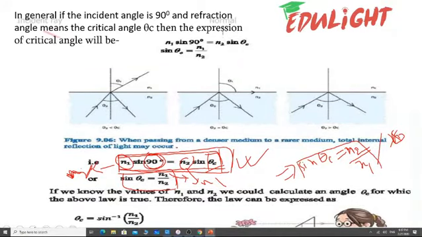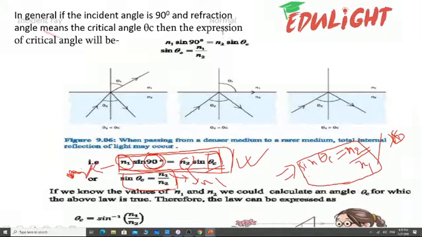Eta 2 divided by eta 1, where eta 2 represents the refractive index of the refracted medium, and eta 1 is denoted as the refractive index of the incident medium. Here in this case the incident medium is water, and the refracted medium is air.